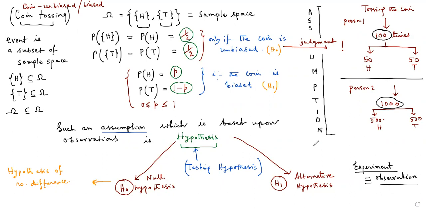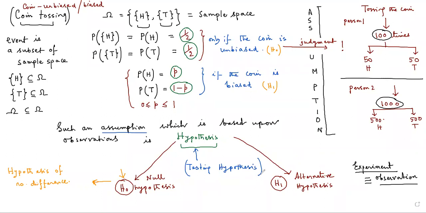And whenever we test something in hypothesis testing, we actually test the acceptance or rejection of the null hypothesis. We focus on that. Okay, so we say that if the null hypothesis is accepted, the alternative hypothesis is automatically rejected. If the null hypothesis is rejected, the alternative hypothesis is automatically accepted.